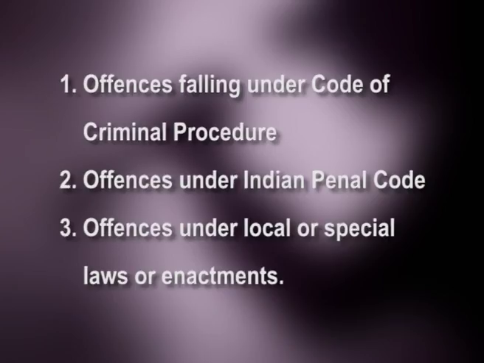From the Indian point of view, these may be categorized into three main heads: offences falling under the Code of Criminal Procedure, offences under the Indian Penal Code, and finally offences under local or special laws of enactment. So with this, we come to the end of Module 1.